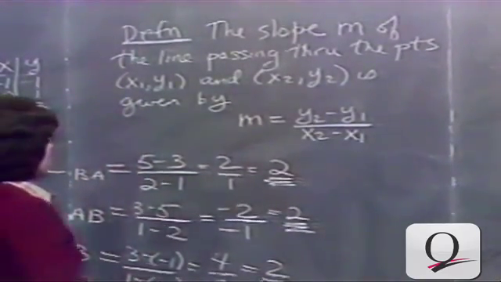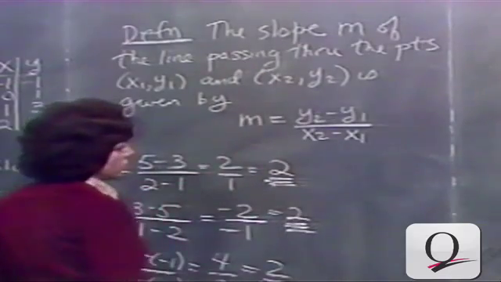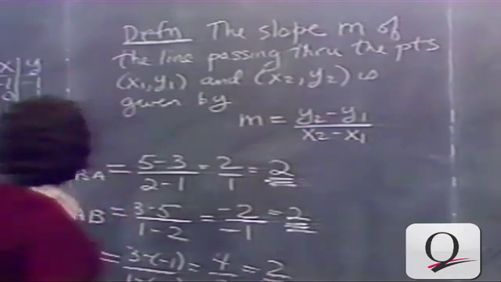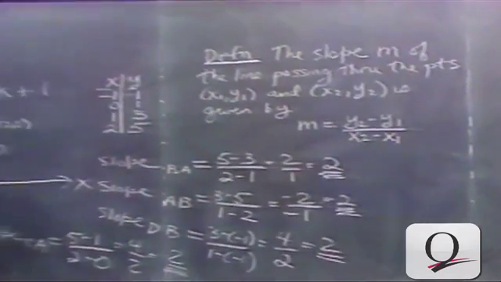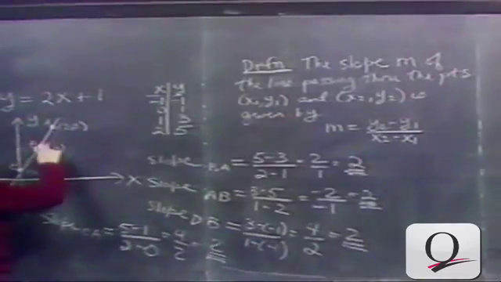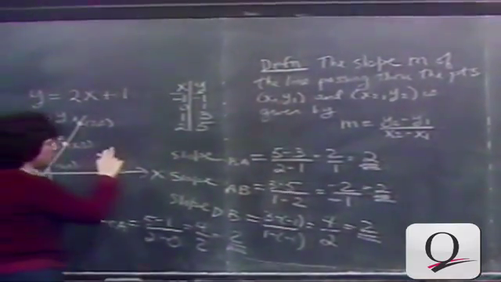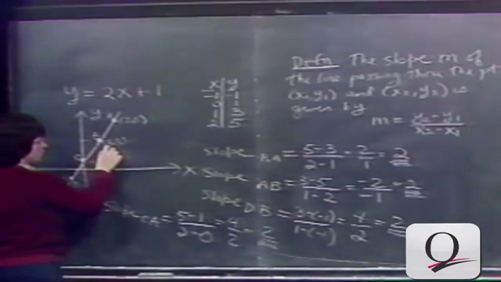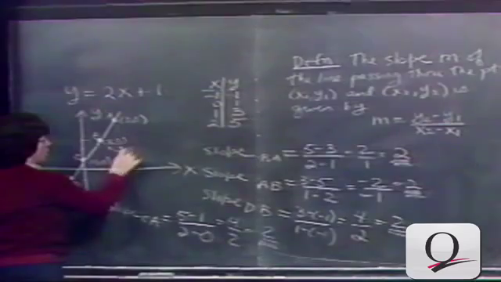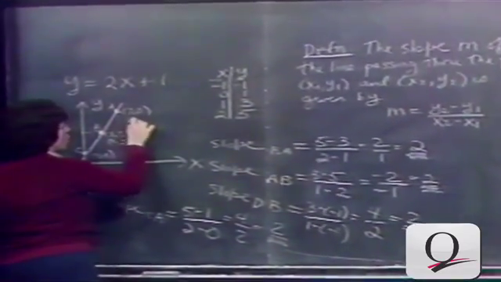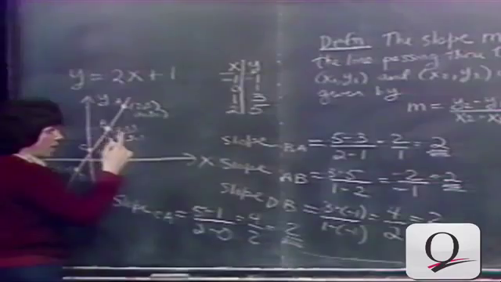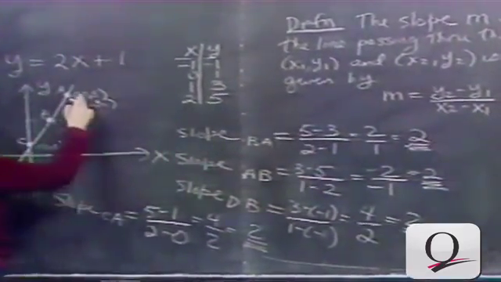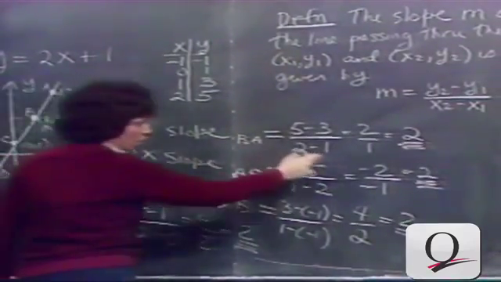Now, it doesn't matter which point you consider to be the first point and which point you consider to be the second point, but you must be consistent. Okay, if in this problem over here, I'm trying to find the slope of the line, and I'm using the points A and B, it doesn't matter if I call point B (x1, y1) and point A (x2, y2), and get for my answer y2 minus y1, 5 minus 3, over x2 minus x1, 2 minus 1.